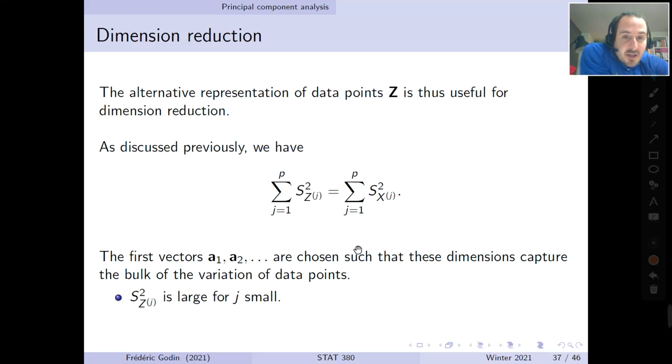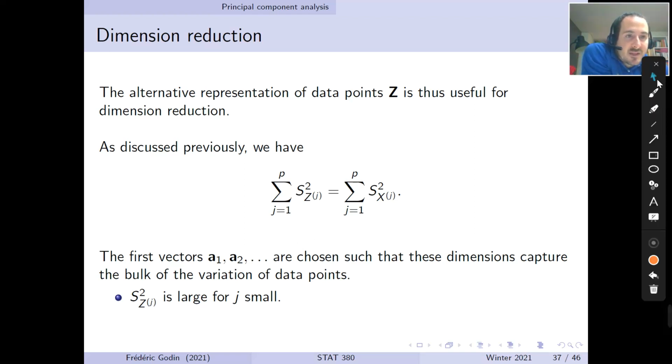But we have selected the eigenvectors a1, a2, etc., so as to maximize the squared coordinates with respect to the new set of axes.